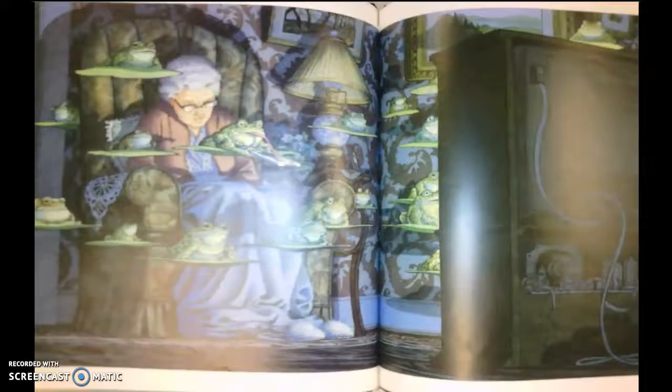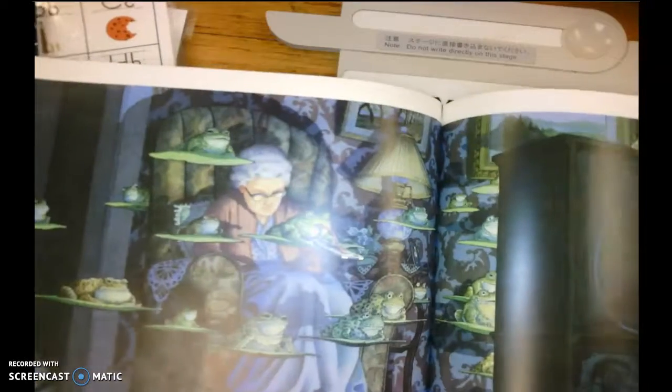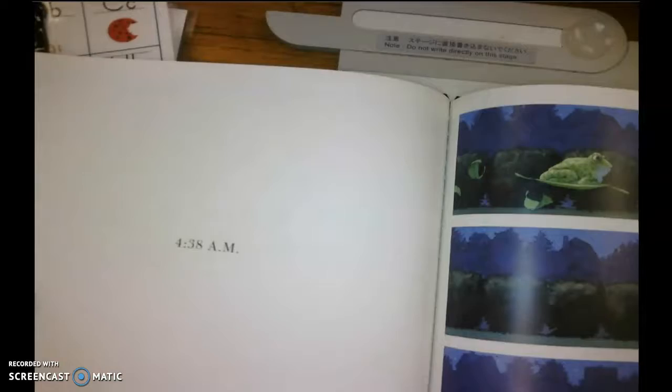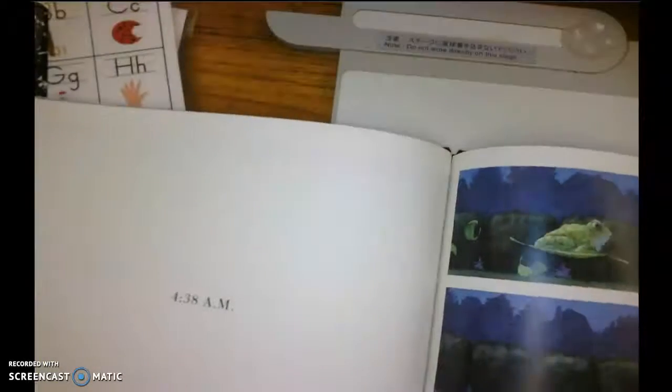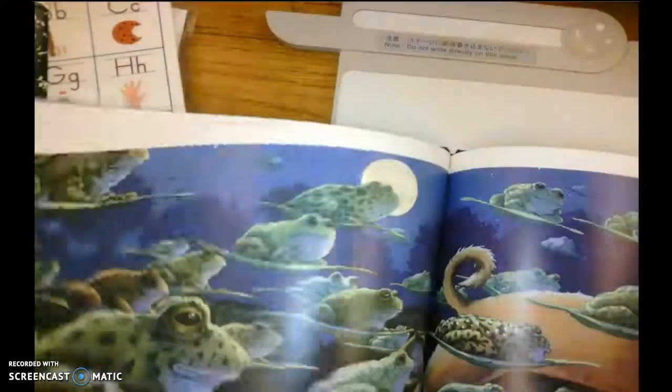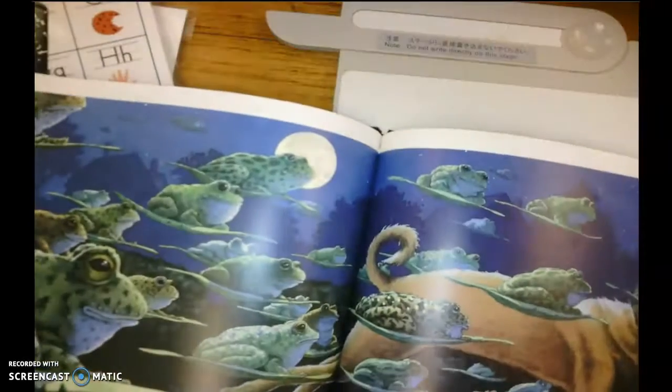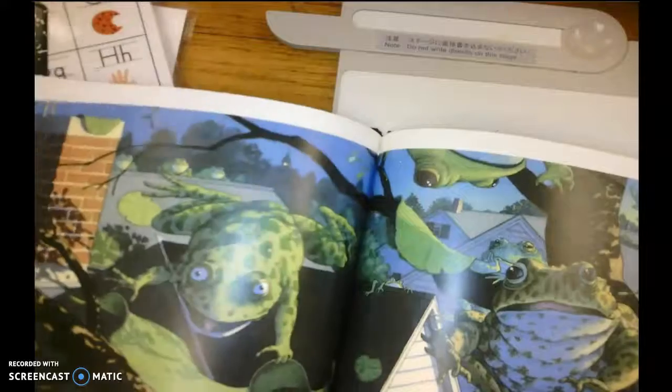Oh my goodness. I didn't know frogs like to watch TV. 4:38 a.m. That dog looks scared, doesn't he?